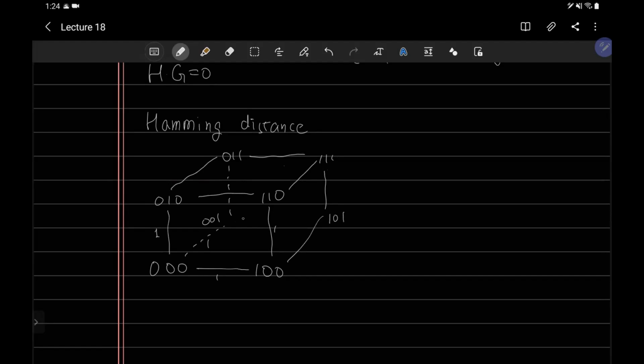So I can actually draw this kind of three-dimensional relation, and as you can see, this all looks like a cube. In this case, I can now ask what is the Hamming distance between 000 and 111? And of course it is 3.